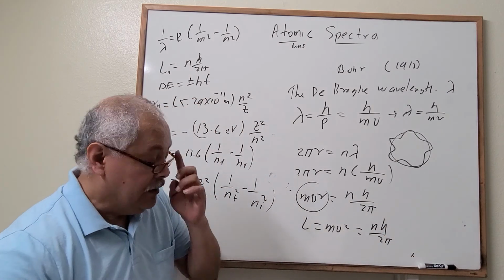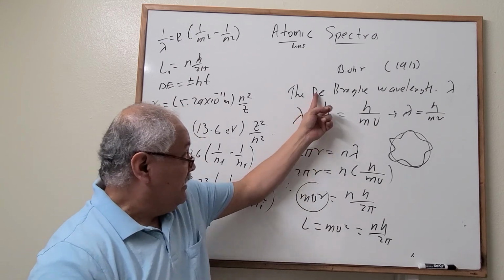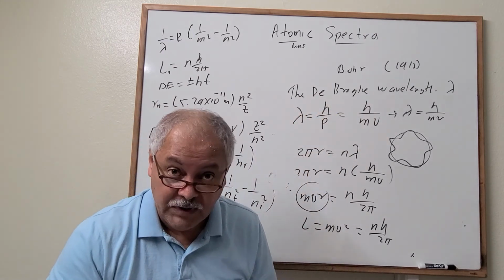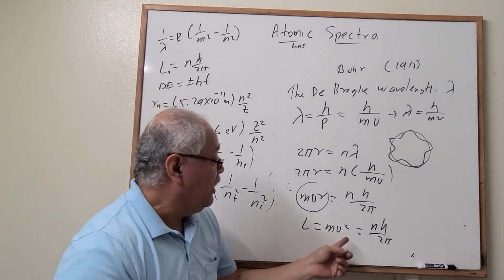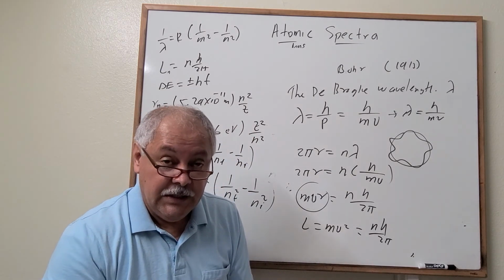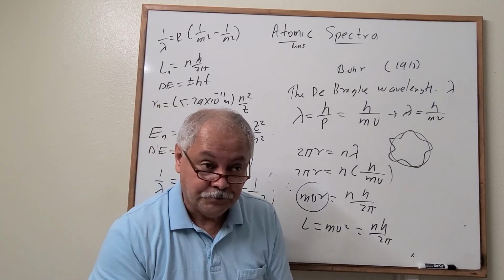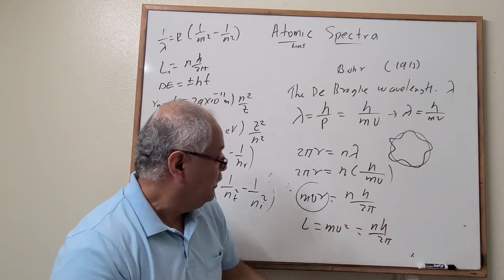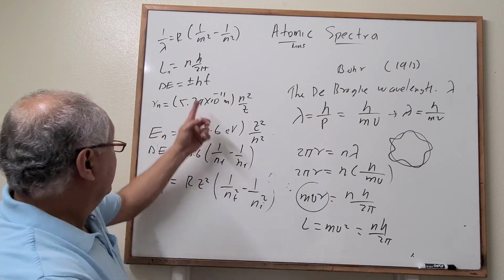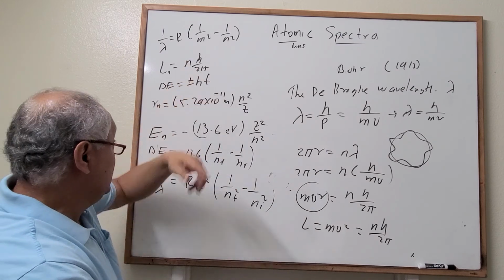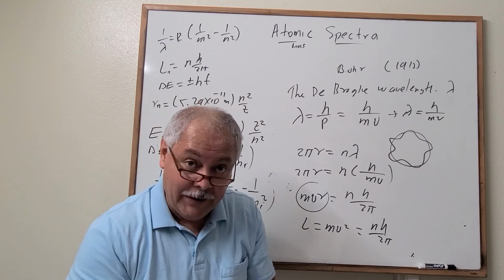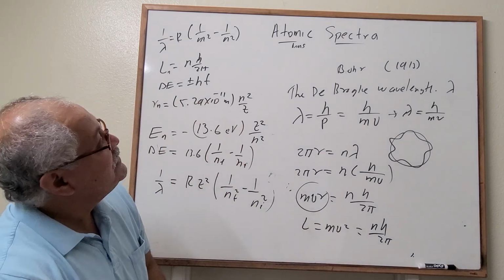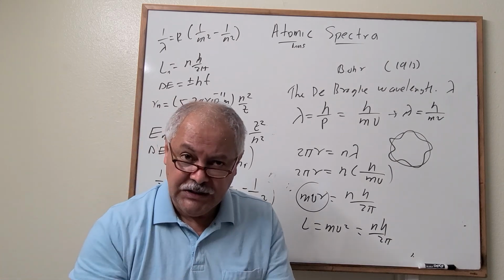From here, you see that with the de Broglie wavelength, Niels Bohr was right: the angular momentum is quantized and given in this way. L is equal to whole numbers of h over 2 pi. Perfect. With this analysis, we finished this part.